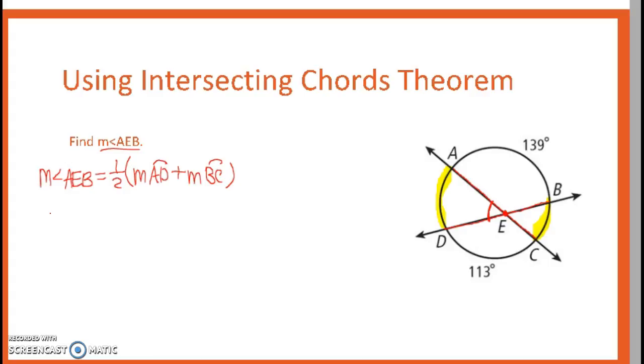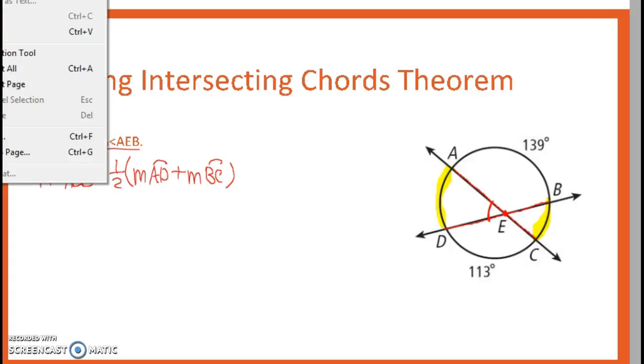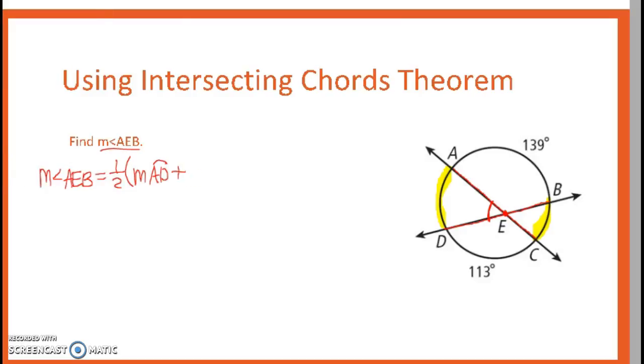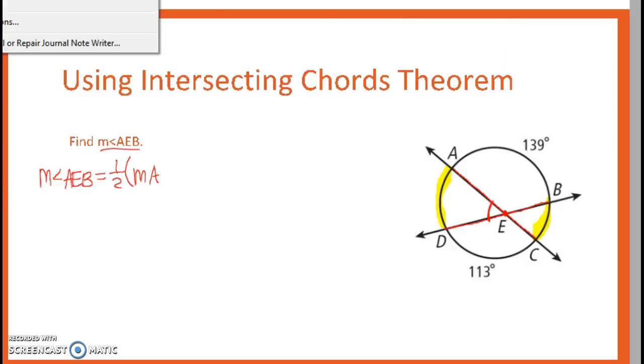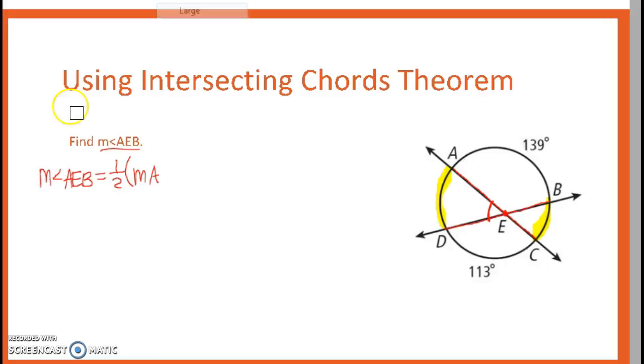Oops, I want to find AEB, and I picked the wrong one. Let me erase this. I picked AED, so we're actually using the other pair of angles. Let me start over. We want to find AEB.